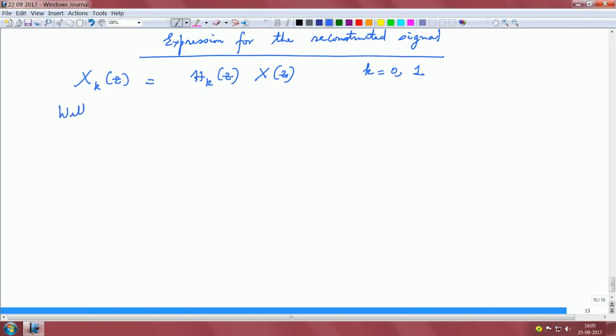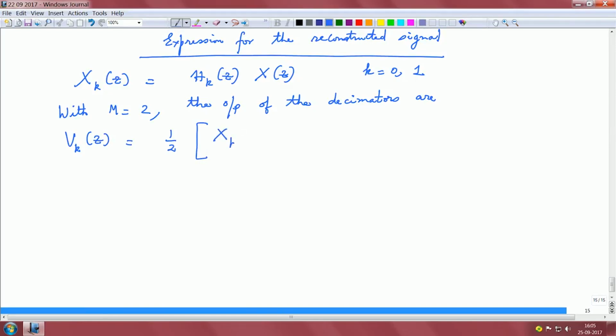Now, with M equals 2 downsampling, the output of the decimators are Bk of z is 1/2 [Xk of z^(1/2) plus Xk of minus z^(1/2)], and very clearly you see this is the aliasing part.